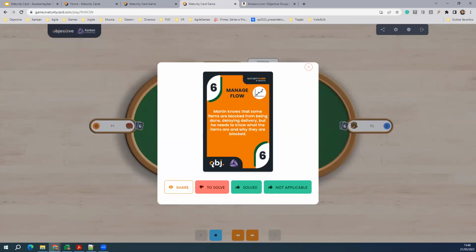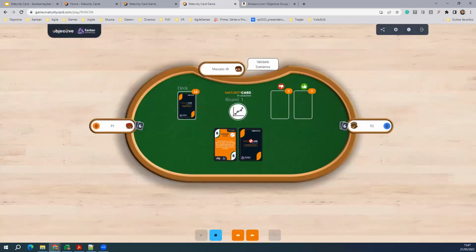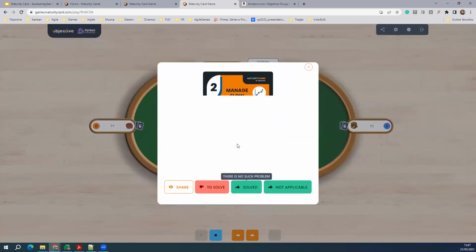The idea here is to check if we need to solve the scenario, or it's solved, or not applicable. So I will say, okay, we need to solve the scenario. So it remains here. And the second one, I will flip.